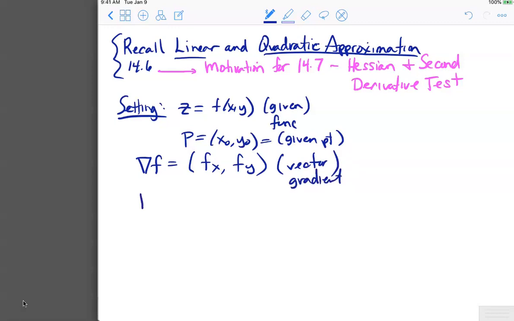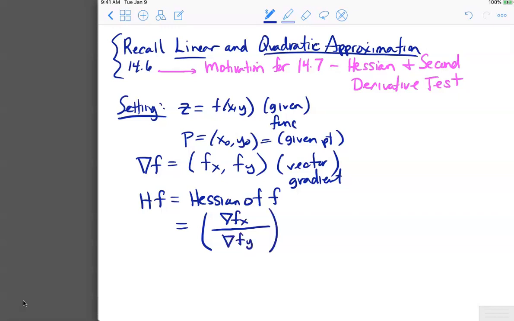We also know that there is a matrix called the Hessian of the function f, and it's the matrix that you create if you take the gradient of the partial derivative with respect to x and the gradient of the partial with respect to y.